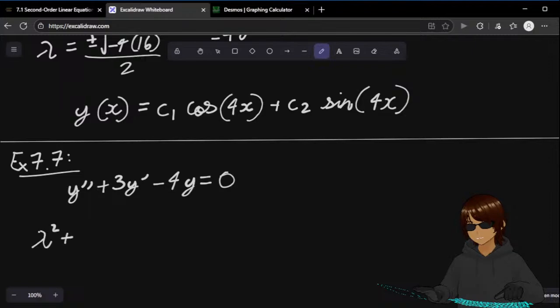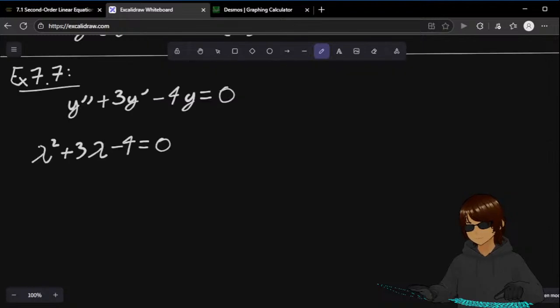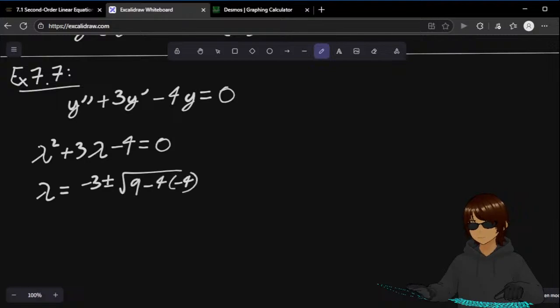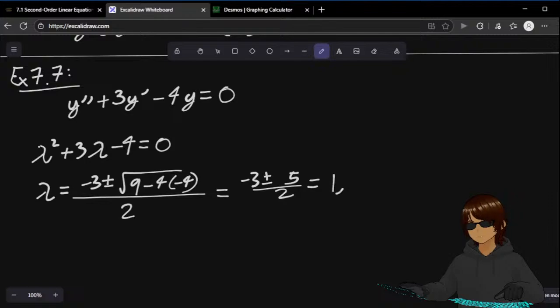Using the quadratic formula, minus b plus or minus the square root of b squared minus 4ac: this is 25, so this is 5, over 2. And then 1, and then minus 4, because of minus 8.